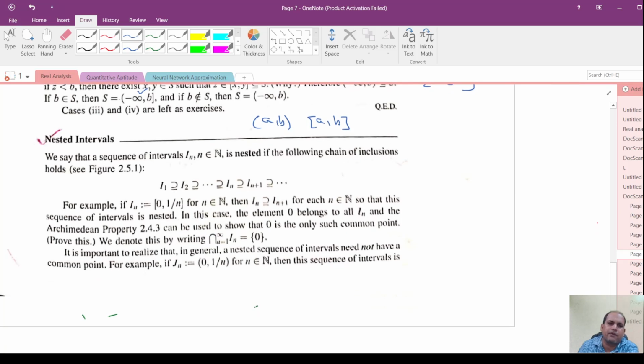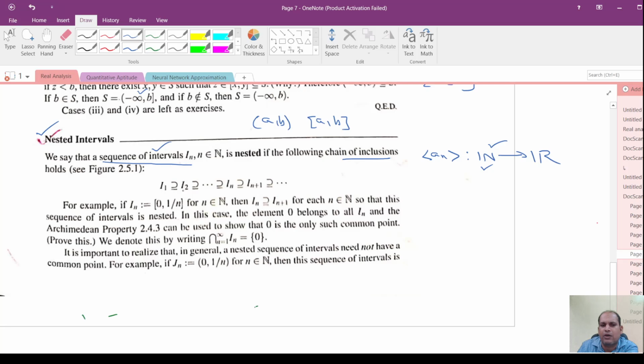Next point, nested interval. First of all, let us understand what we mean by a sequence of nested intervals. Already I have discussed that a sequence is a mapping, a function from the set of natural numbers to the set of real numbers, so its domain is the set of natural numbers. Here we are using set containment, a chain of inclusions.